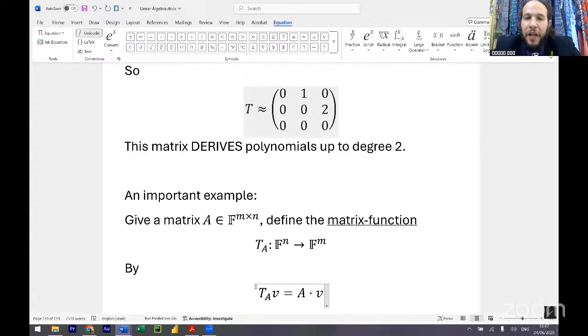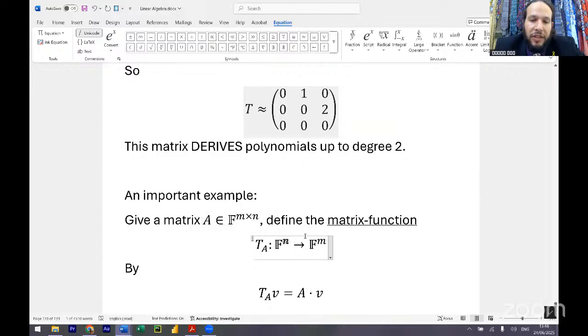What that function does is multiplying the given vector by the matrix. Notice that the multiplication is defined because the number of columns here is n, and the number of rows here is n, and therefore the multiplication is defined.